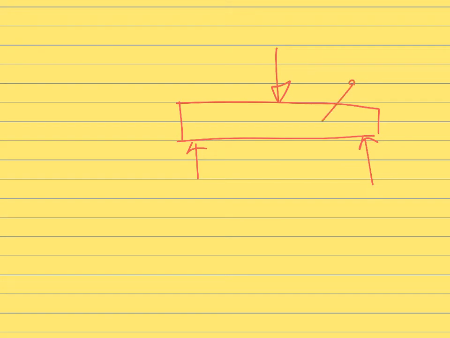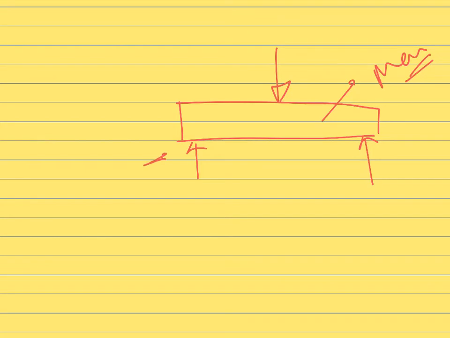Let's take a beam, a simply supported beam. In order to design this simply supported beam, the first thing you need to know is the load coming on the beam. After this, you want to know some material characteristics.